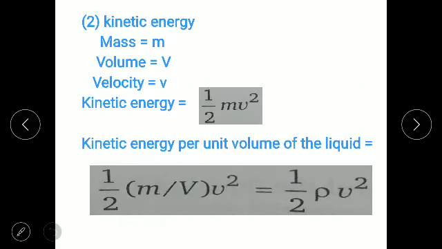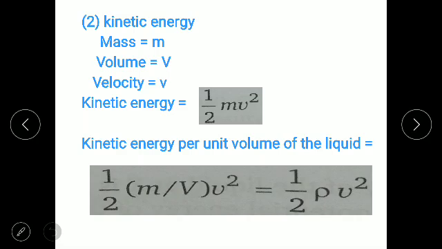Now the second is kinetic energy. Let us assume m is the mass of the liquid, small rho is density, and capital V is the volume. Now kinetic energy is half mv square, as you already know.